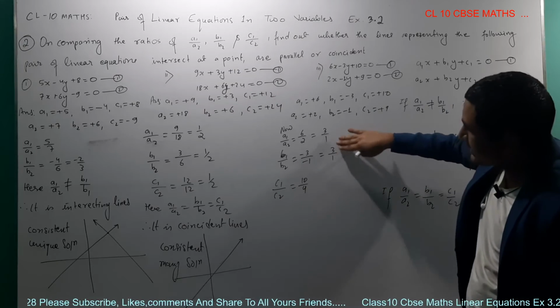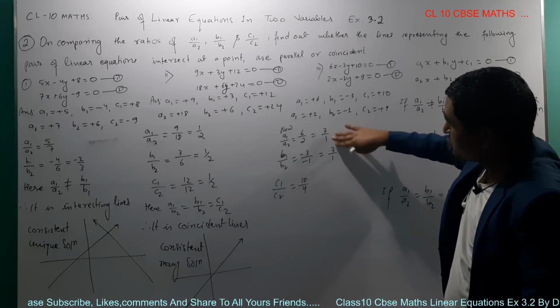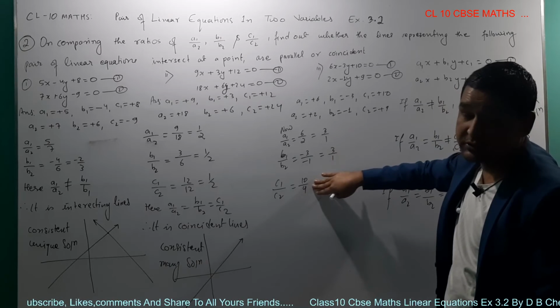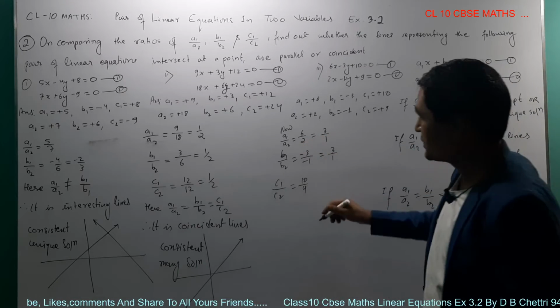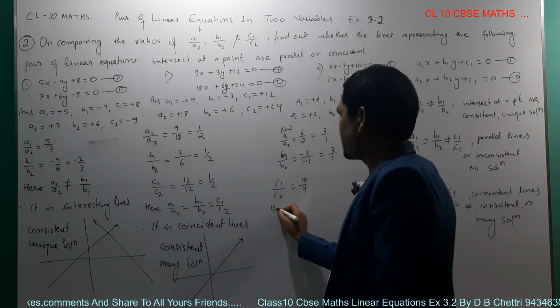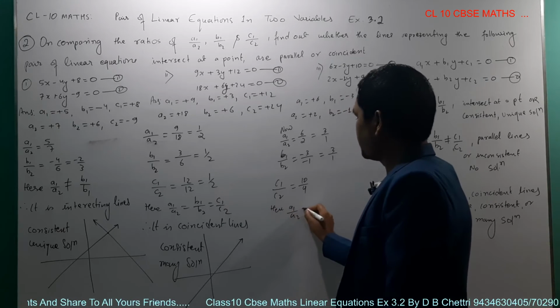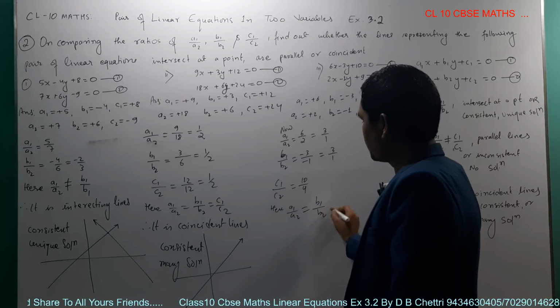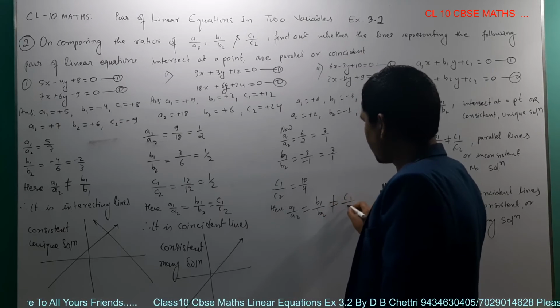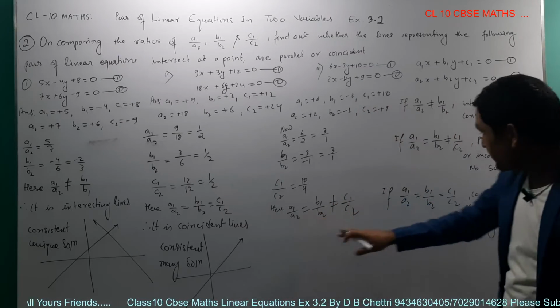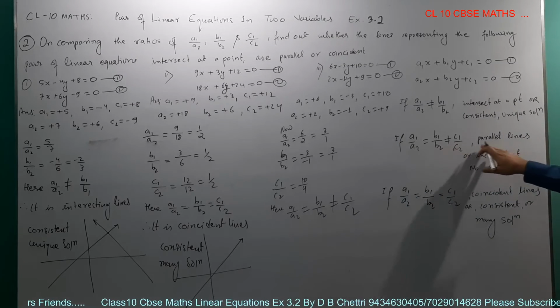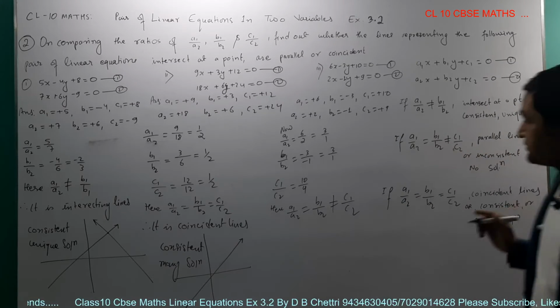Now see what kind of relation there is. These two ratios are the same, but this is not the same as these two. That means A1 by A2 is equal to B1 by B2, but it is not equal to C1 by C2. What kind of lines are these? Parallel lines.